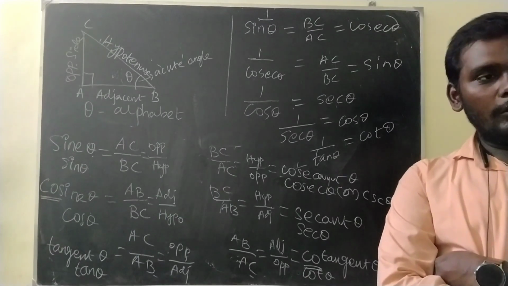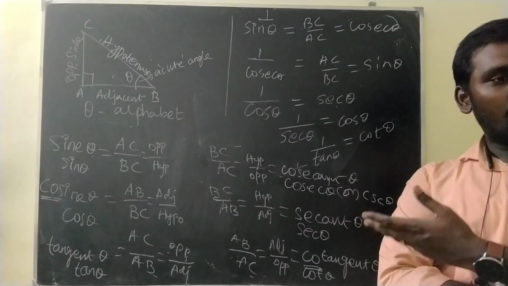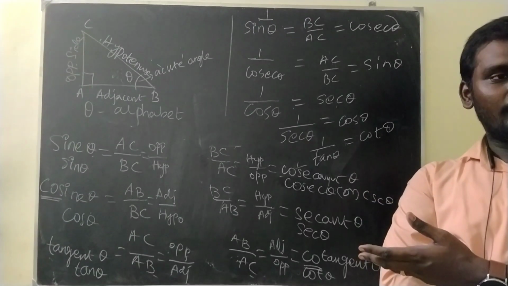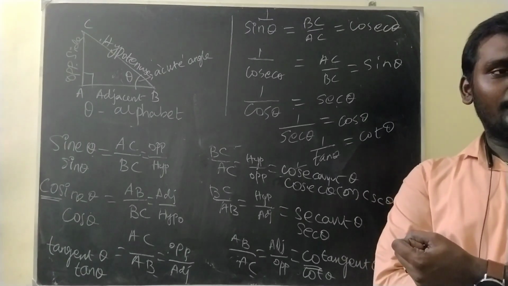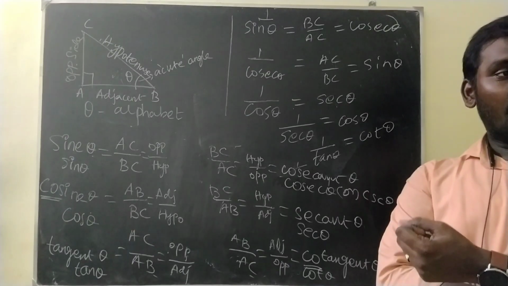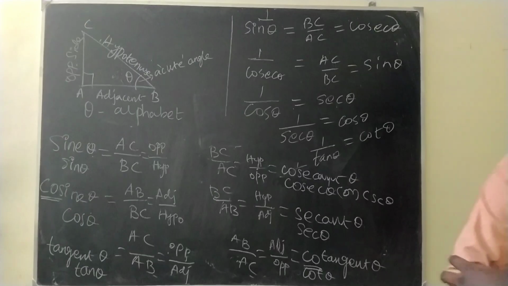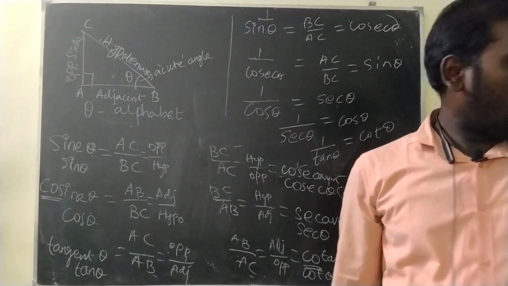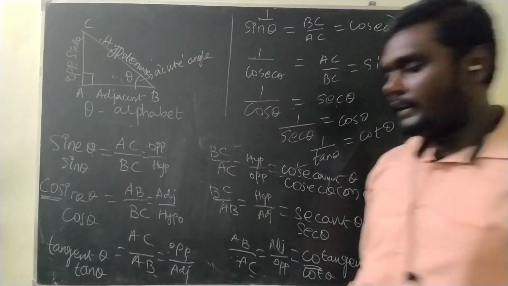Now have you understood why we are using these names? Why there are only 6 trigonometric ratios? Why it is specifically a right angle triangle and no other triangle? And who is reciprocal of whom? Now answer me this: what will happen if you multiply sin theta with cosecant theta?